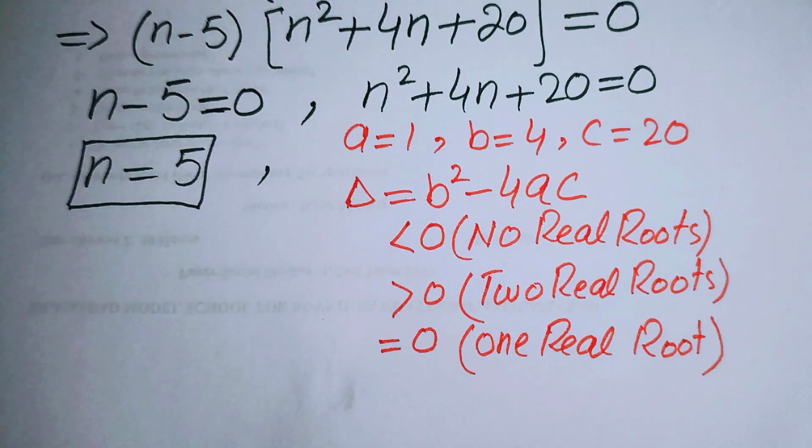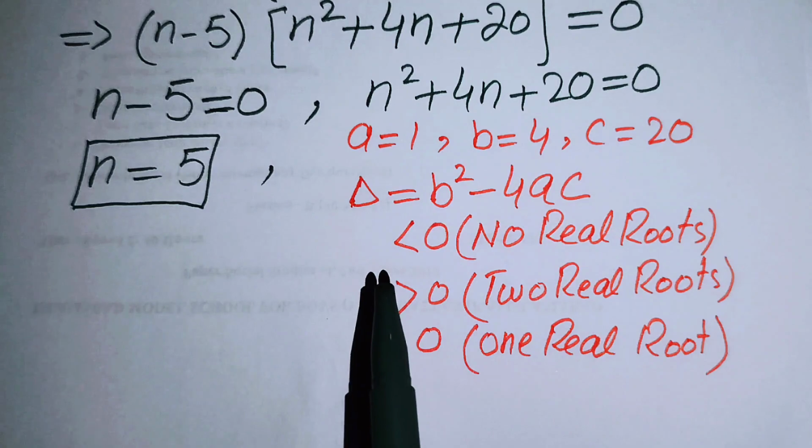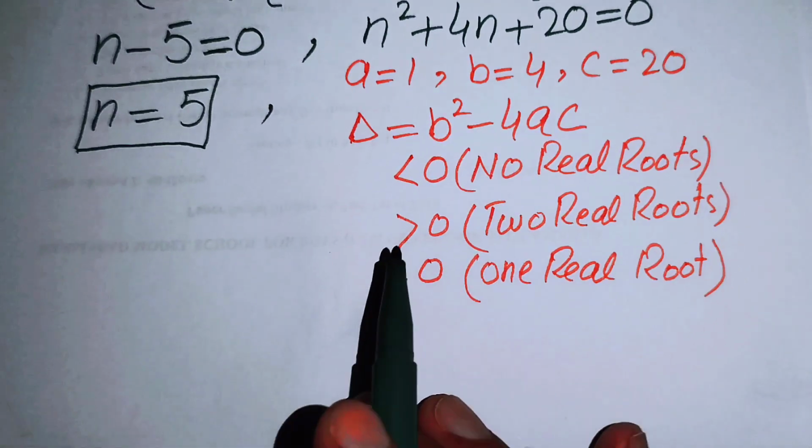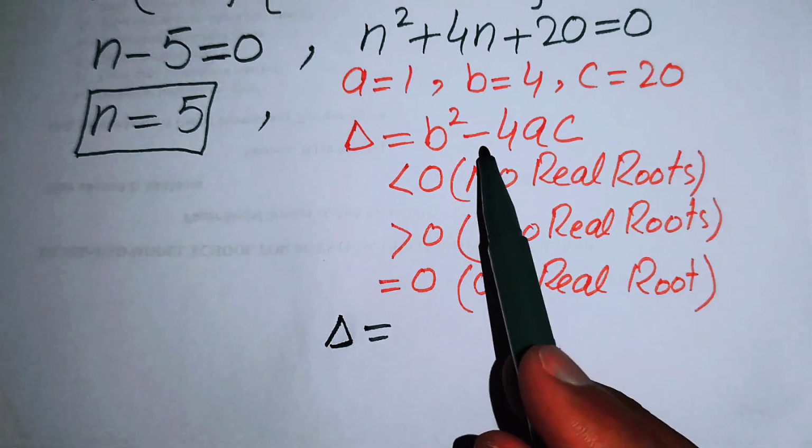Now I can check the behavior of this delta by putting the values of a, b and c in this formula, and you get delta equals b squared minus 4ac.